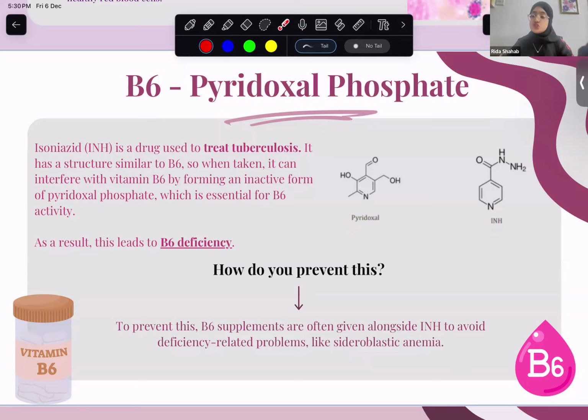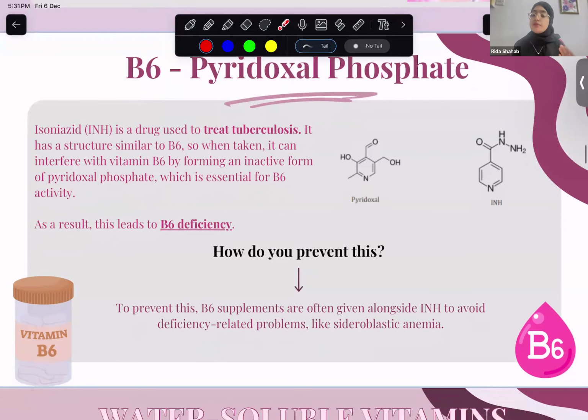When you give this drug to patients, the body mistakes it for B6 and inactivates pyridoxal phosphate, which is bad and can lead to B6 deficiency. So how are you going to prevent this? You give them B6 supplements along with their tuberculosis medicines. So you give them isoniazid, and patients also take B6 supplements so that they can avoid B6 deficiencies like sideroblastic anemia.